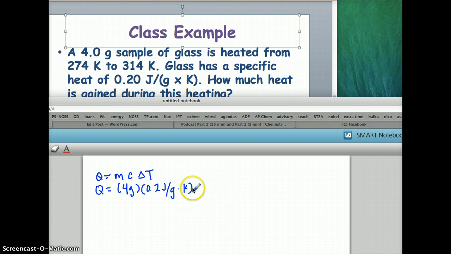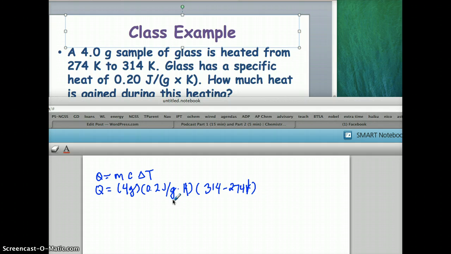And the temperature change, we're going to put it as final, which is 314, minus initial. Okay. And when you calculate this, the kelvins cancel, the grams cancel, and you're left with joules.